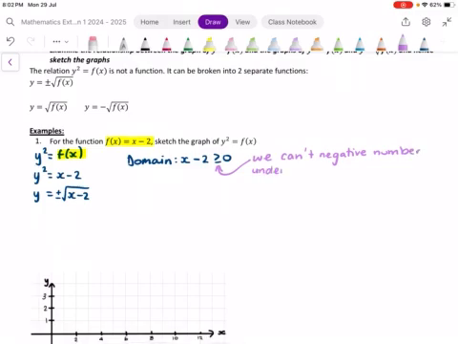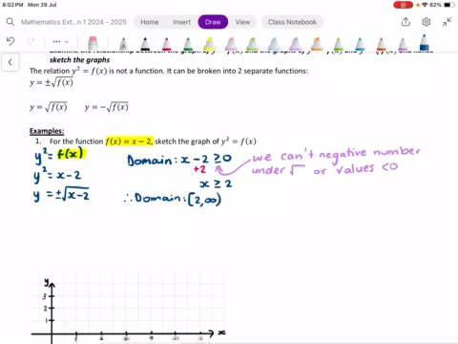Otherwise, this is a complex number, and that is extension 2. So for our domain, x is going to be greater than or equal to 2 once we add the 2 to both sides. Therefore our domain is going to be from 2 to infinity.